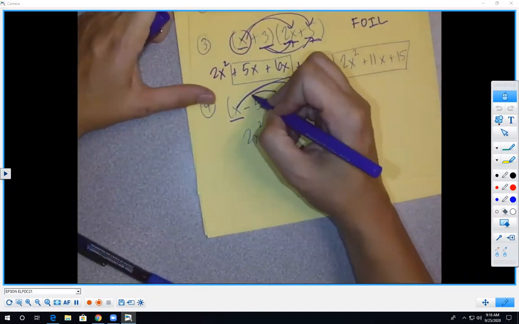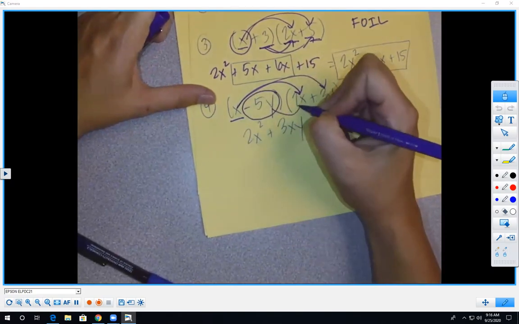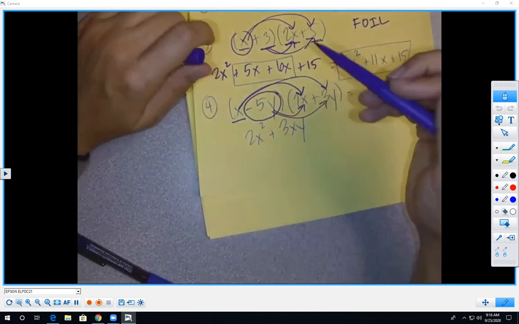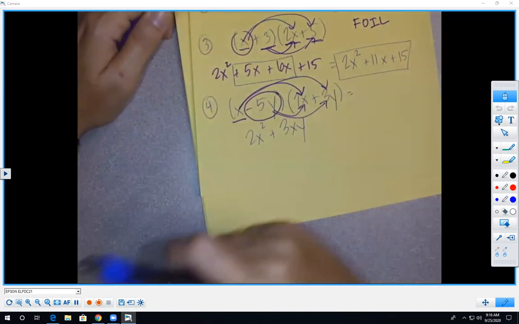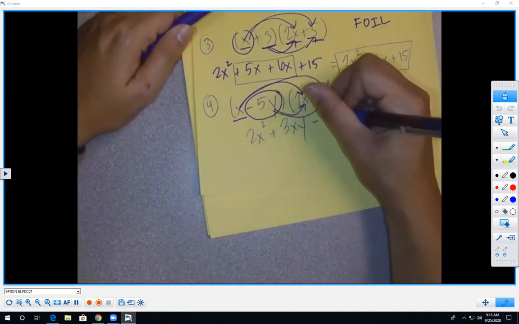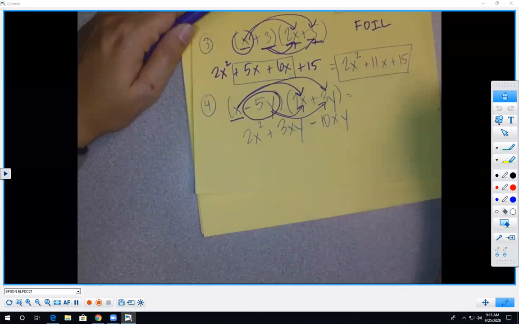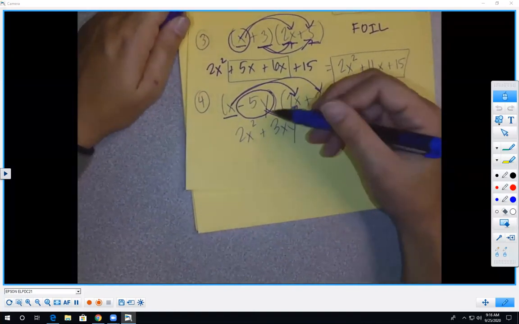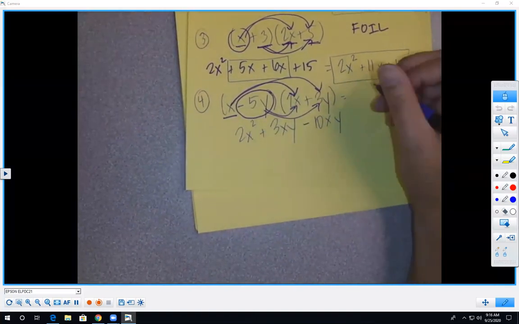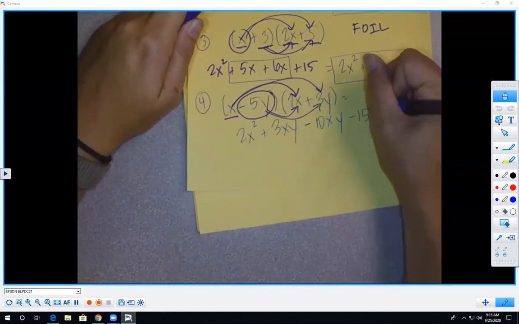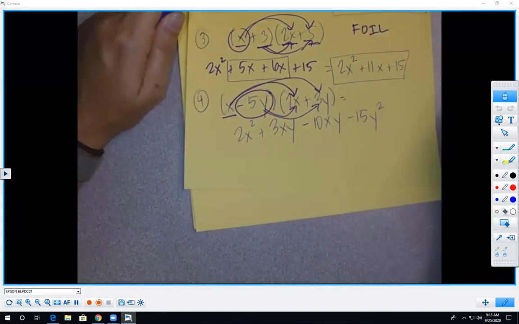Now I'm going to distribute negative 5y to everything in the other parentheses. Make sure you distribute the negative. So negative 5y times 2x is negative 10xy, or yx, it doesn't matter. Negative 5y times 3y is negative 15y squared.